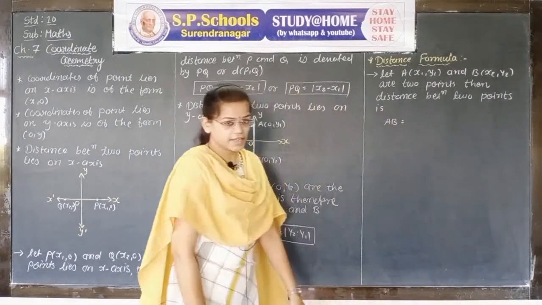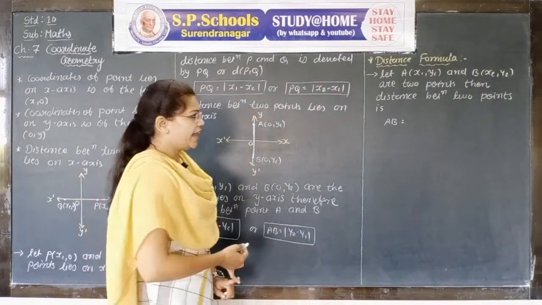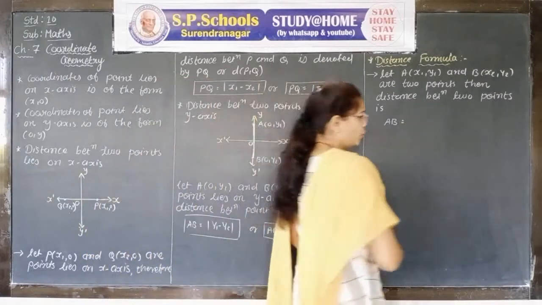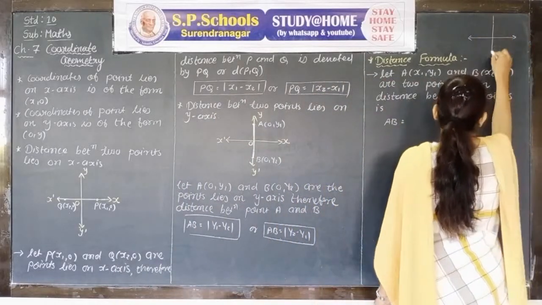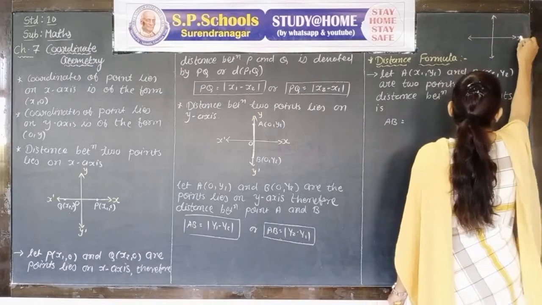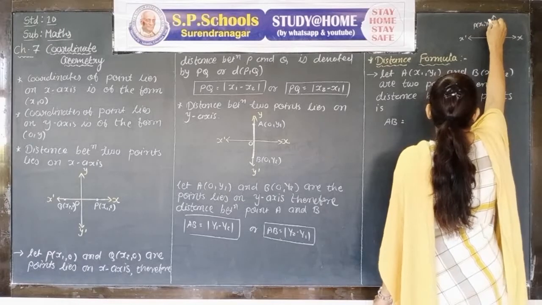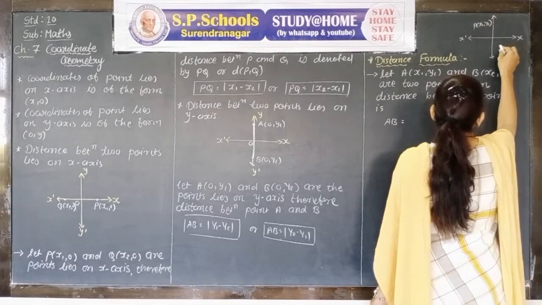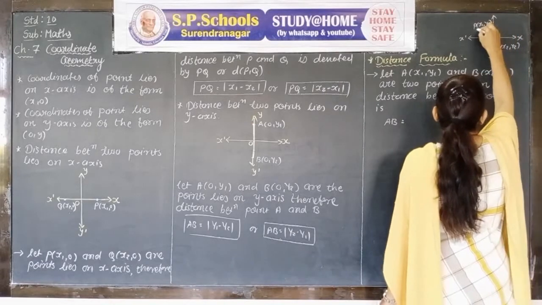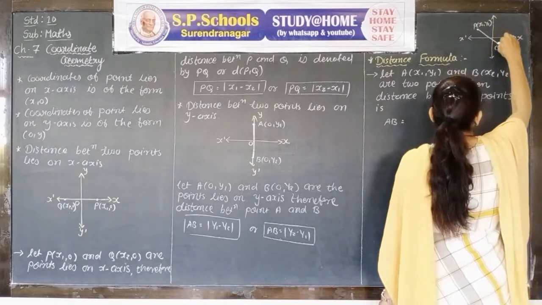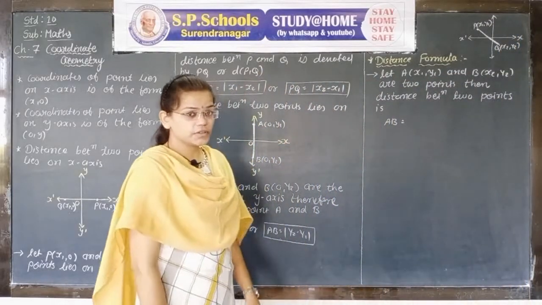Distance is written as AB. Now, to find the distance between any 2 points lying in any of the quadrants, like this: X dash, suppose P lies in the second quadrant, (x1, y1), and Q lies in the fourth quadrant, Q (x2, y2). We need to find the distance between these 2 points, P to Q. The distance formula is used to find the distance between 2 points.